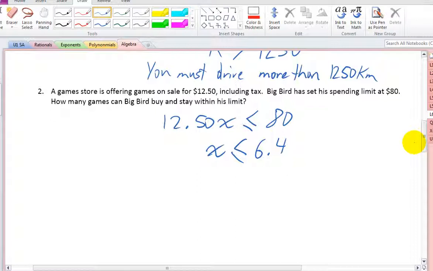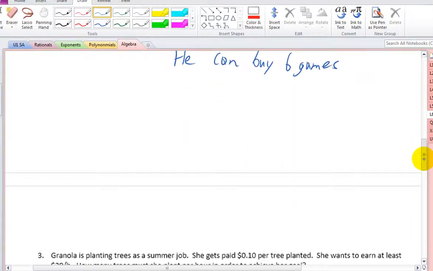If you're going to buy 0.4 of a game, it might not work in your computer. Okay? So you got to go down to the nearest whole number. So he can buy 6 games. Okay. Good. Try next one.